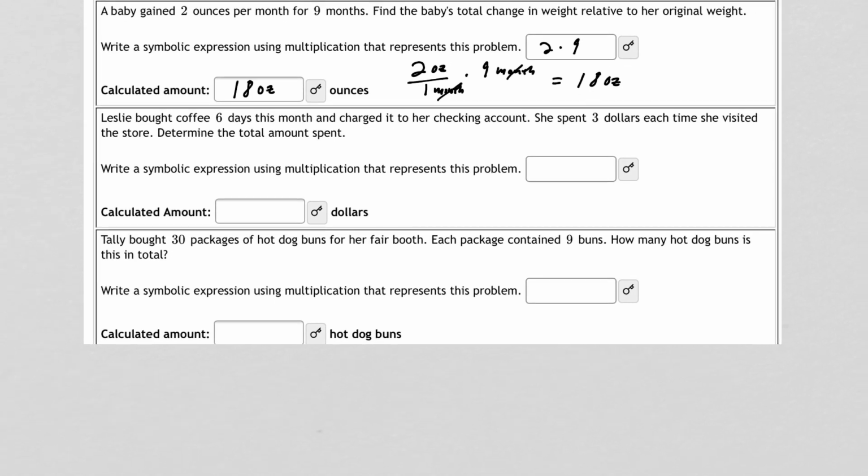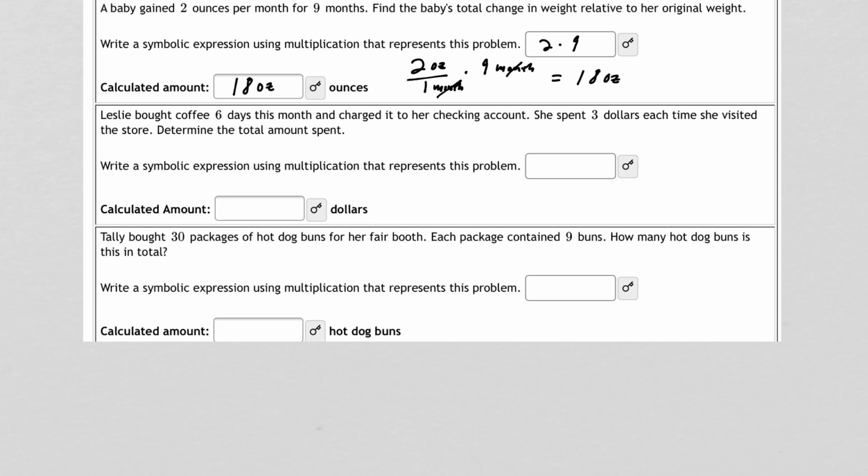Okay, and the third question, it says Leslie bought coffee 6 days this month and charged it to her checking account. She spent $3 each time she visited the store. Determine the total amount spent. Okay, so again, we can think of this as she spent $3 per day times, and then she did this for 6 days, right?